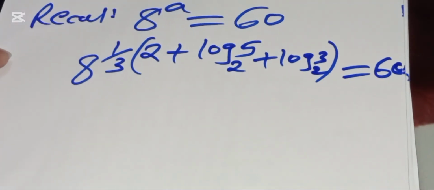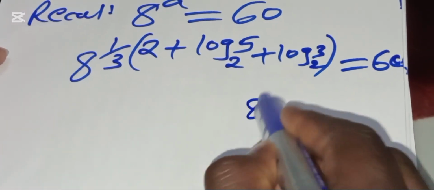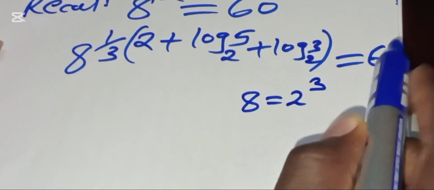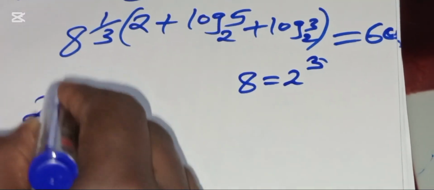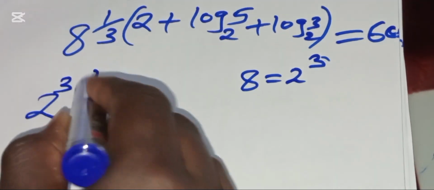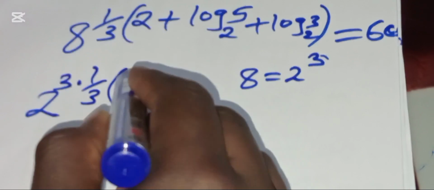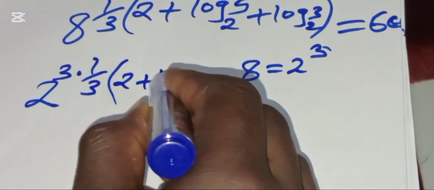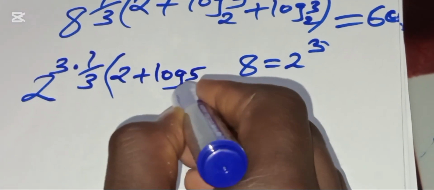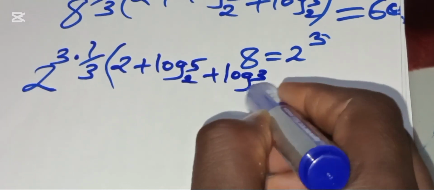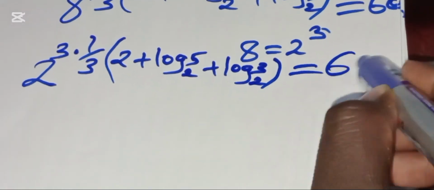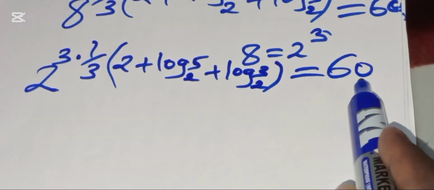Now we can express 8 as 2 raised to power 3, so we'll have 2 raised to power 3 multiplied by a third, into the bracket 2 plus log 5 to base 2 plus log 3 to base 2, equal to 60.